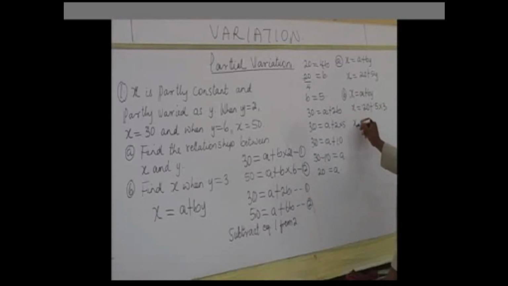So we're going to have X is equal to 20 plus 5 times 3 is 15. And 20 plus 15 is 35. And that answers that question.